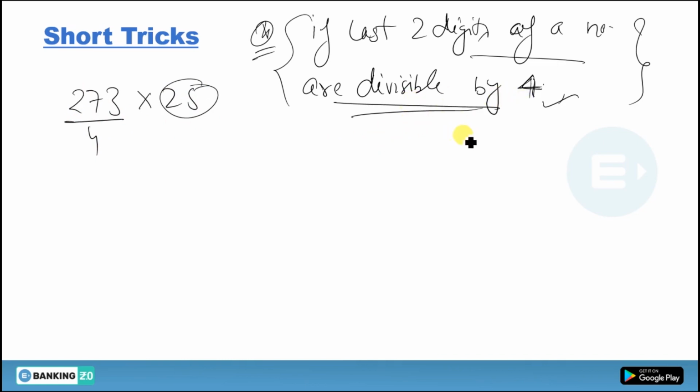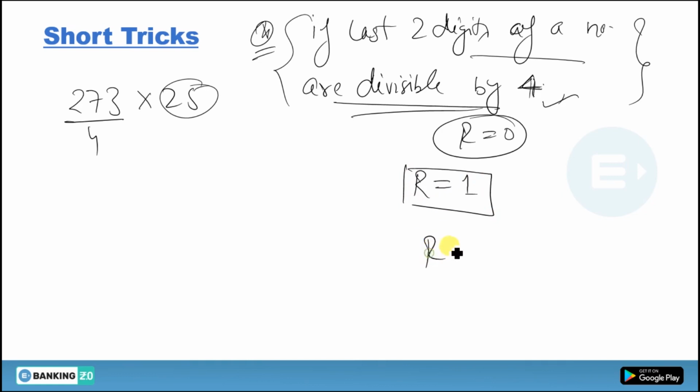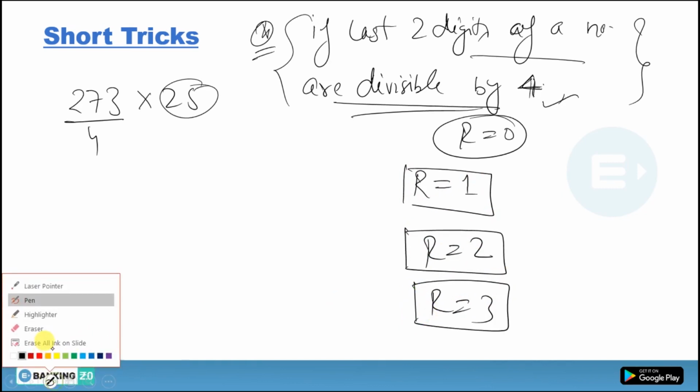If a number is divisible by 4, you get remainder 0. But if a number is not divisible by 4, how many options of remainder do you have? You have 3 options actually. You will have remainder 1, or remainder 2, or remainder 3. How am I saying this? See here.